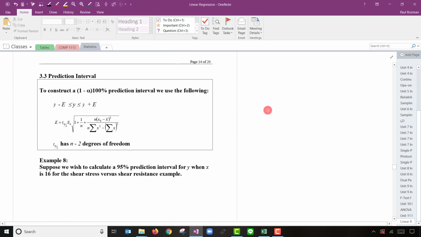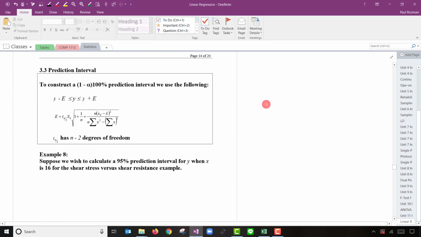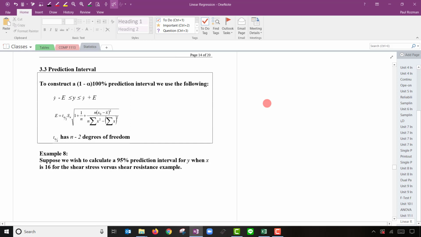Here's our prediction interval then. It involves a standard error. When you calculate your y hat for a particular value, so you have some value x0. In our case, we did a prediction for 16. Remember, we plugged 16 into our model, and we got a y value that corresponded with that.